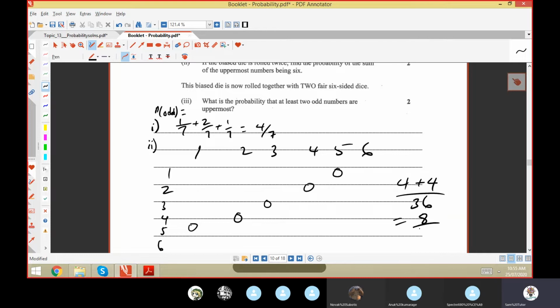Which is 8 on 36. Yes. Is it on 36? Isn't it on 1/5? It's biased.